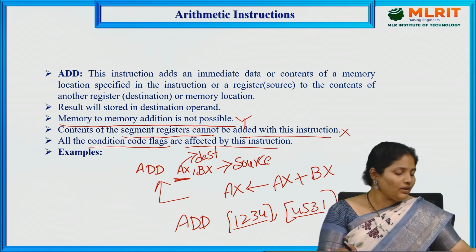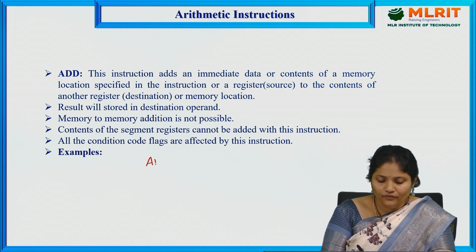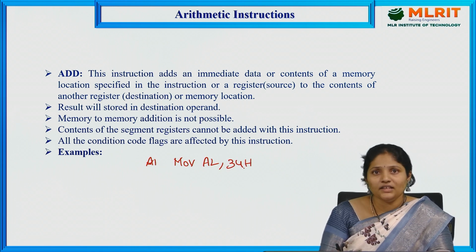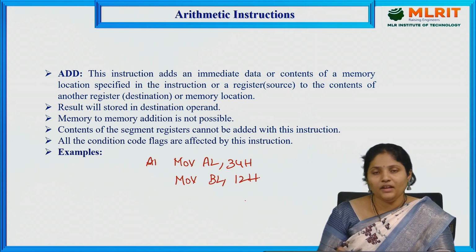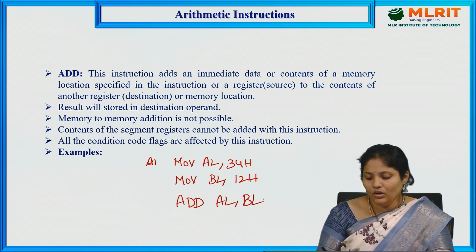Here we can write more instructions. For example, MOV AL, 34H, where I give a hexadecimal number as an example, and I give data in BL like this. Then I can add them.